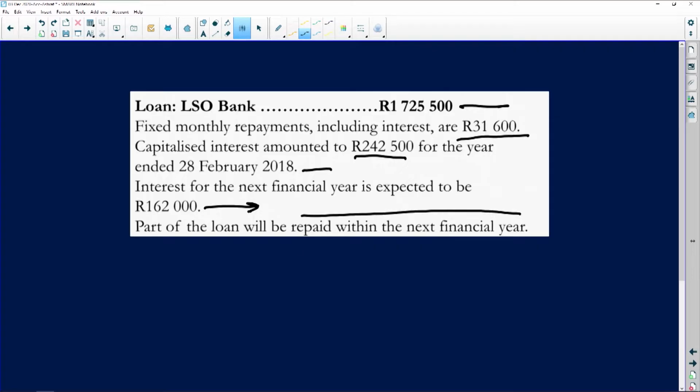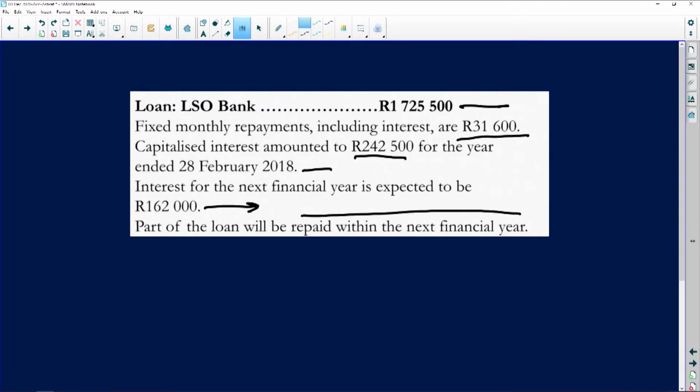Okay. Now, before we go on to this adjustment, I want you to look at this here. When you're dealing with the balance sheet, there are certain things that you have to know. It's compulsory for you.